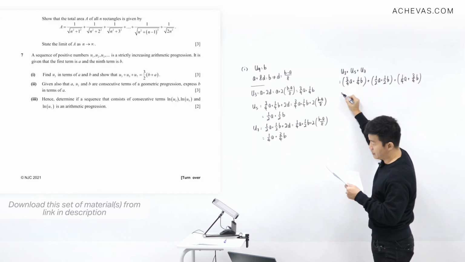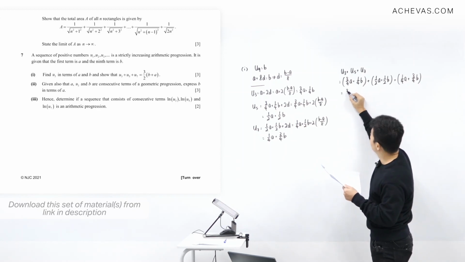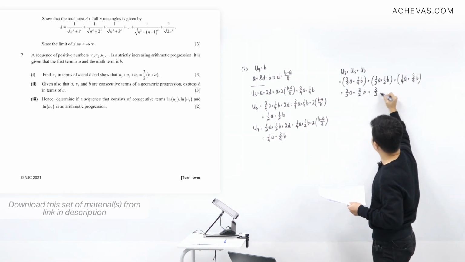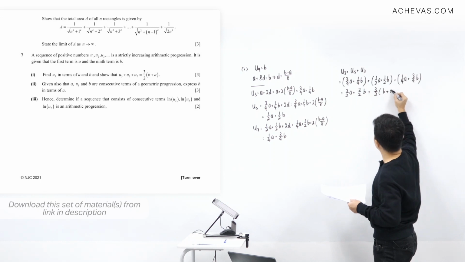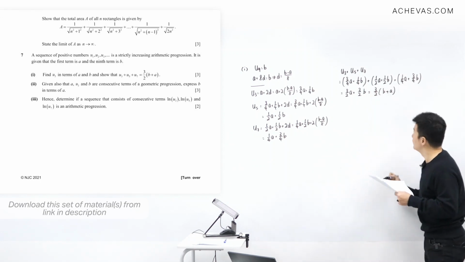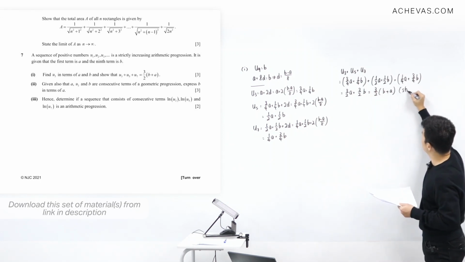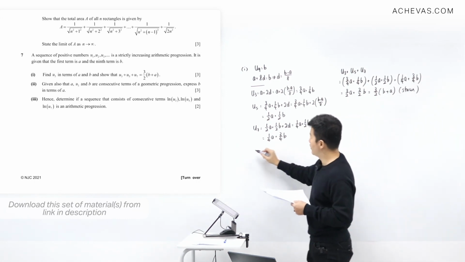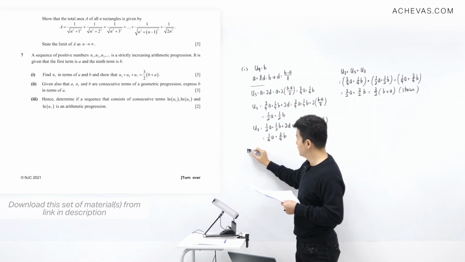This will simplify to 3 over 2 a plus 3 over 2 b, and if I were to factorize this, rewriting this as b plus a instead, we will be able to show what the question wants us to show. So this is it.